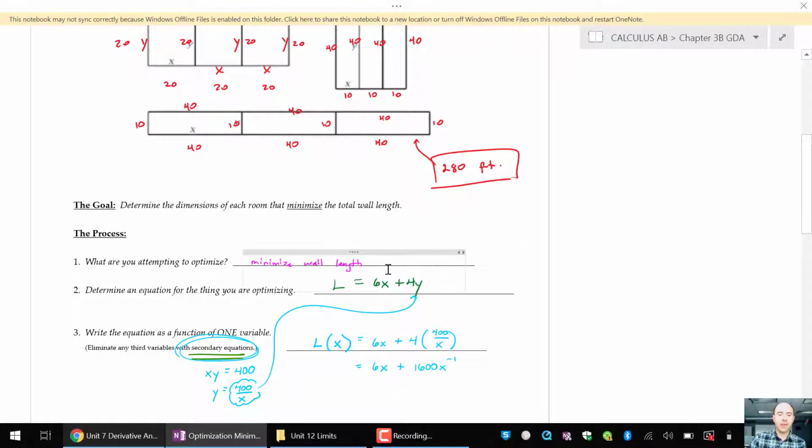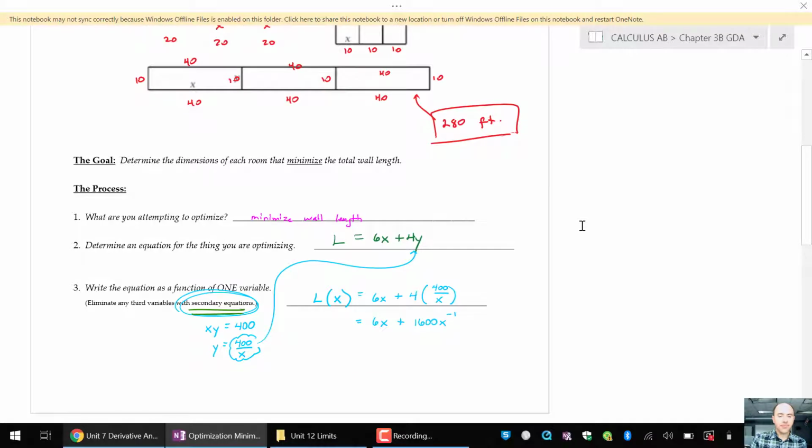So what would be that equation that we're trying to optimize? Well, in this case, it would be L. I'll use a capital L for wall length. 6x plus 4y. I have 6 horizontal walls, and then I have 4 vertical walls. So 6x plus 4y. Now, the secondary equation would be my restriction right here, that the area, x times y, has to be 400.